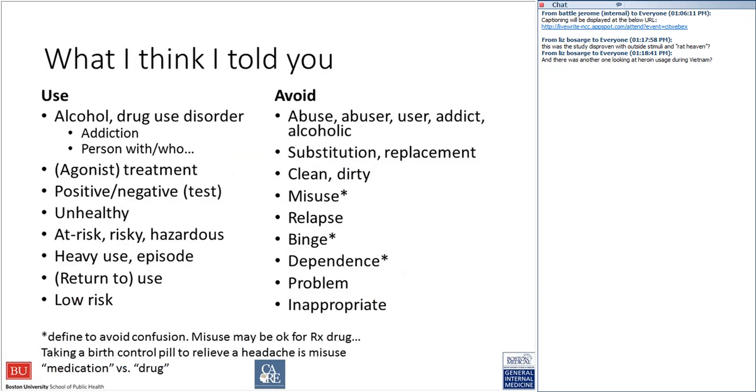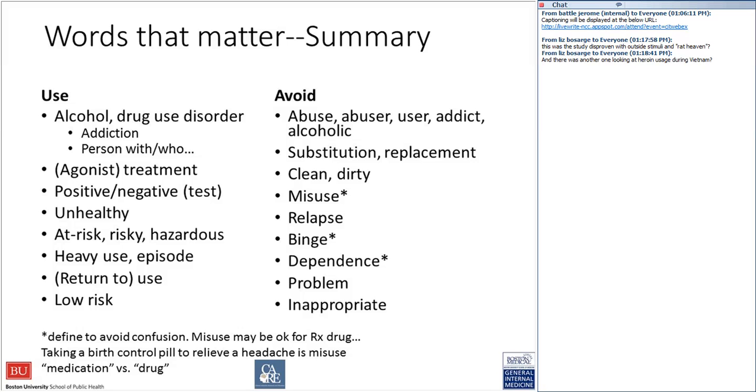And as I promised in the last slide, I'll just list terms that I think there's general consensus around. There may be some argument around some of these. There's always going to be argument, and I think in this field, terms are going to change over time, and we just have to be aware of that and ready for it.